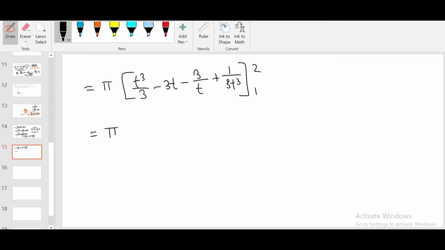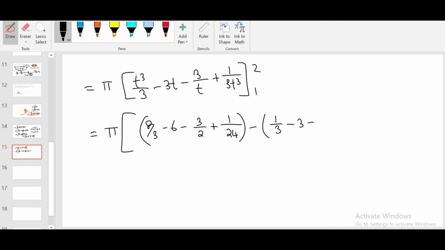Pi times, when you sub in the upper limit, 2 cube by 3, 3 times 2, 3 over 2, 1 over 3 times 8, minus the lower limit: 1 over 3 minus 3 minus 3 over 1, also this 1 over 3.